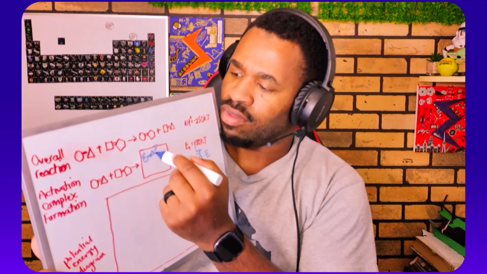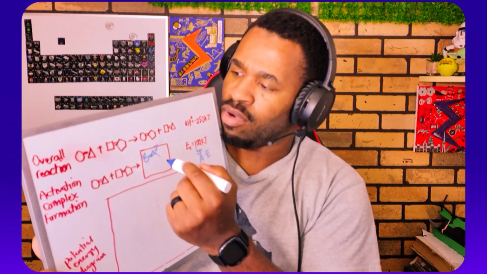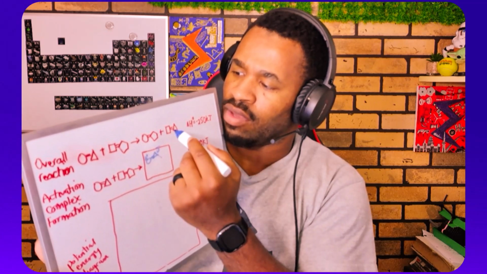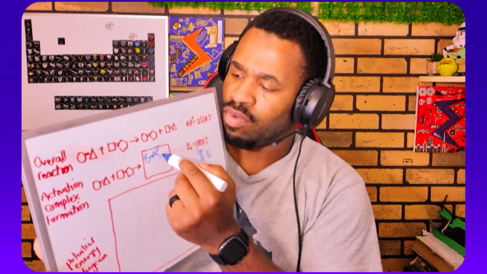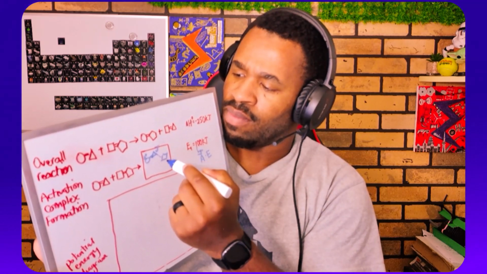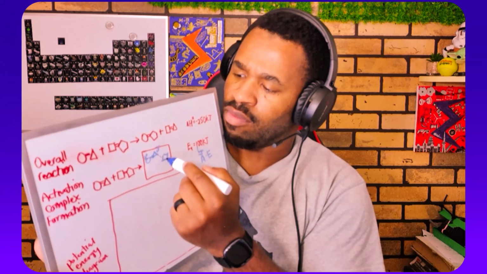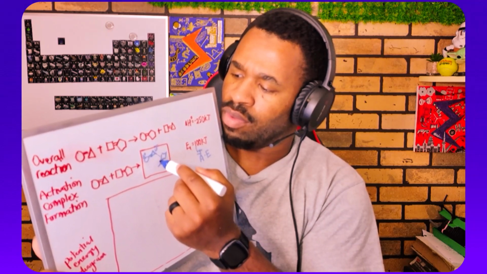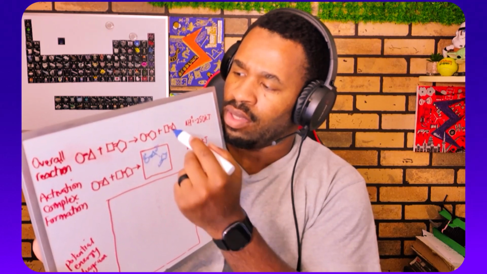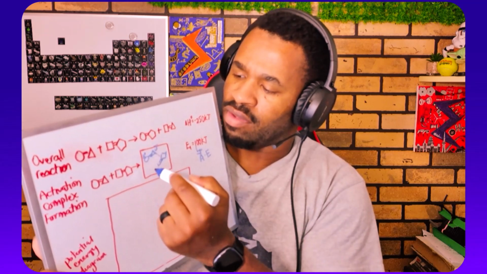This is going to form a new bond with the square or rectangle, and this rectangle will be breaking a bond with the, in this case, pentagon.